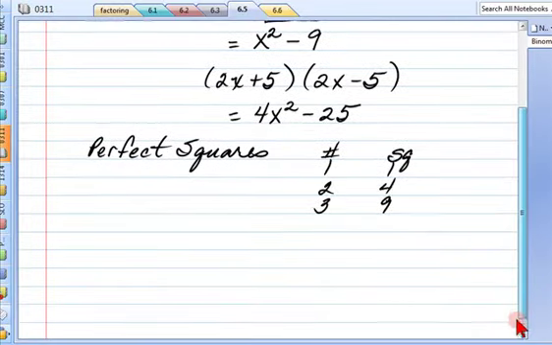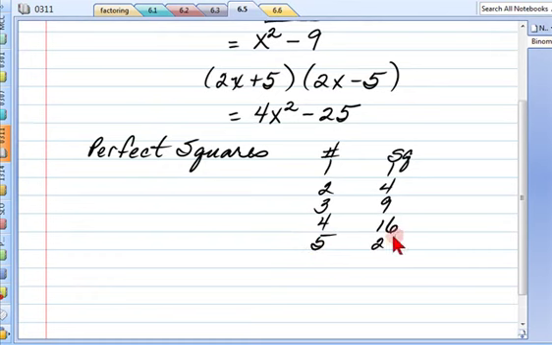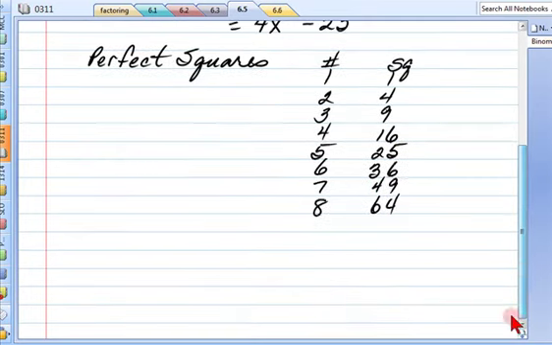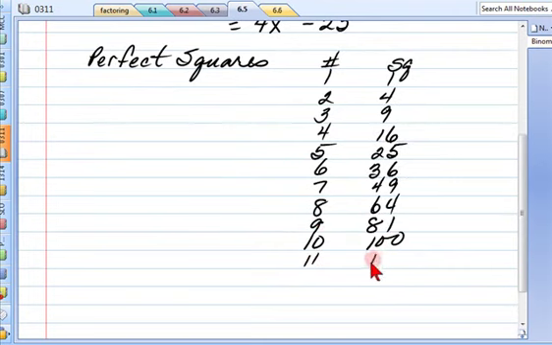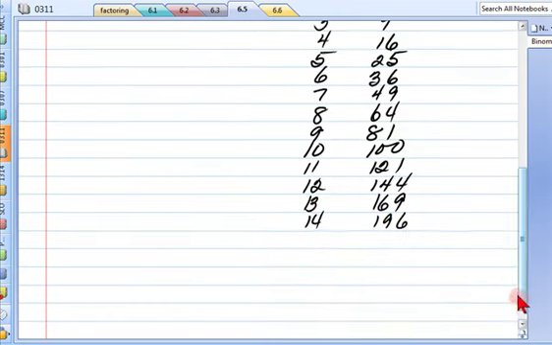I know you know this, but I'm just going to go ahead and create the list. 4 squared, 16. 5 squared is 25. 6 squared is 36. 7 squared, 49. 8, 64. 9, 81. 10, 100. 11, 121. 12, 144. 13, 169. 14, 196. 15, 225, and I'm tired. Dot, dot, dot. And you could go on with this.